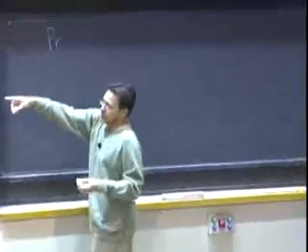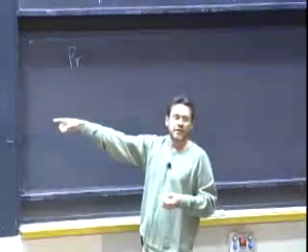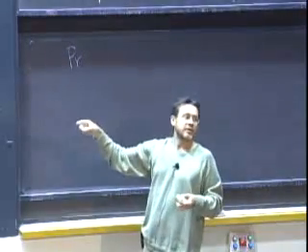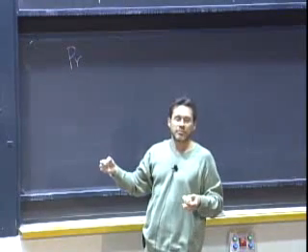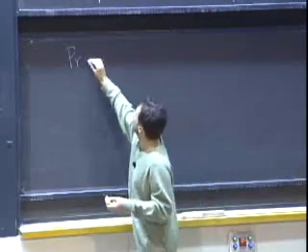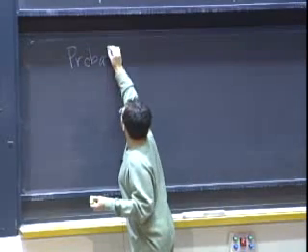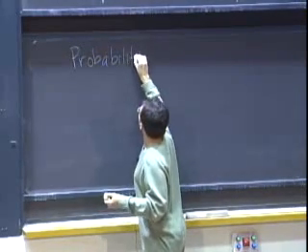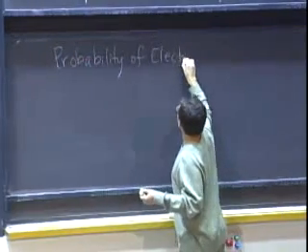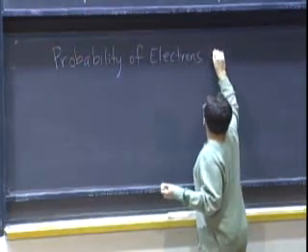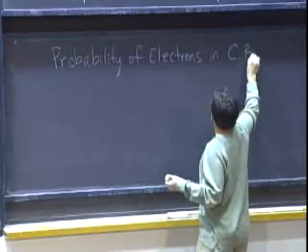You see, in materials like the ones I've drawn over here, the ability to conduct electricity is related to the probability of electrons being in the conduction band. So we need to know something about electrons in the conduction band.